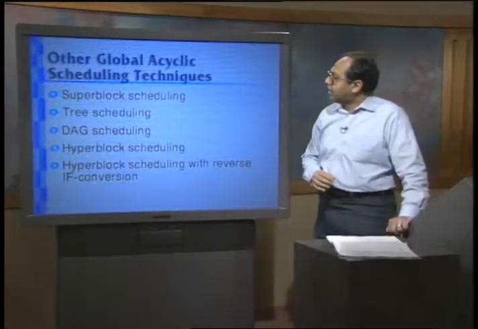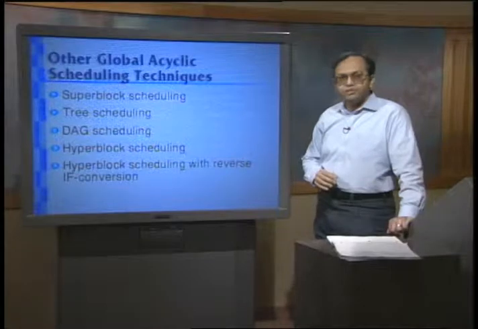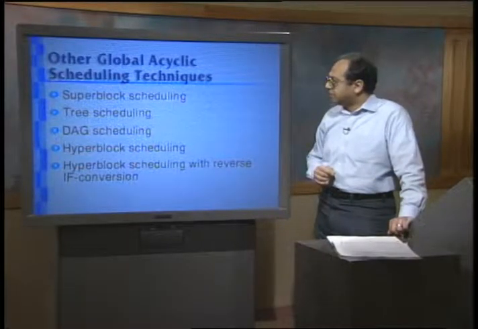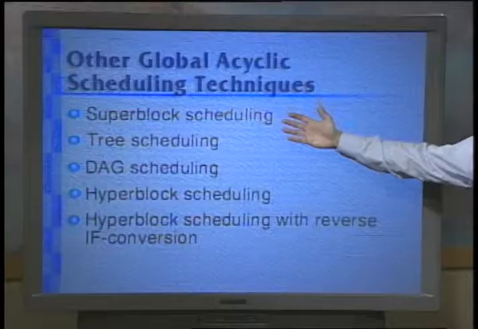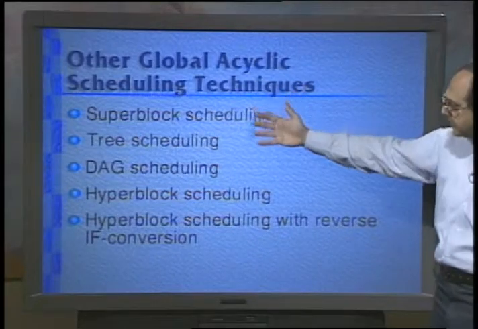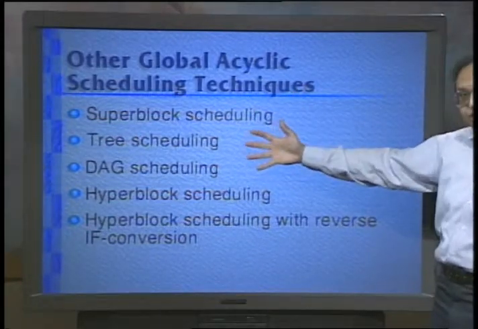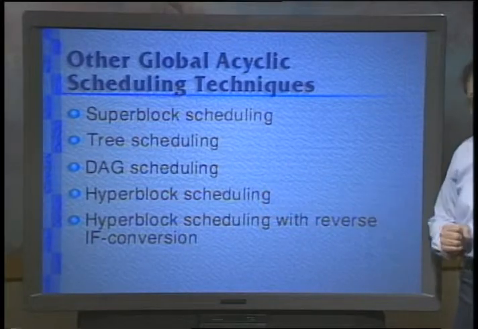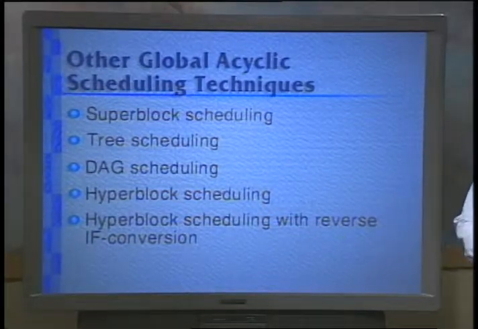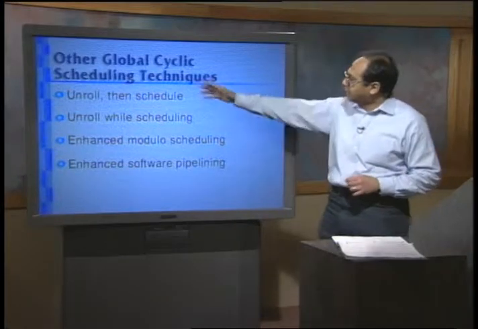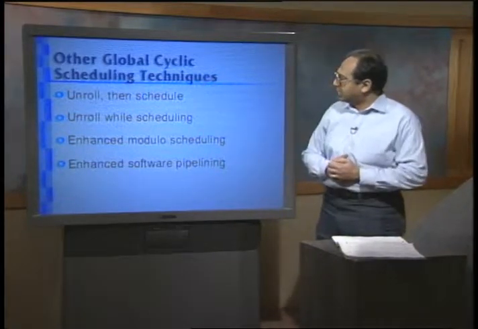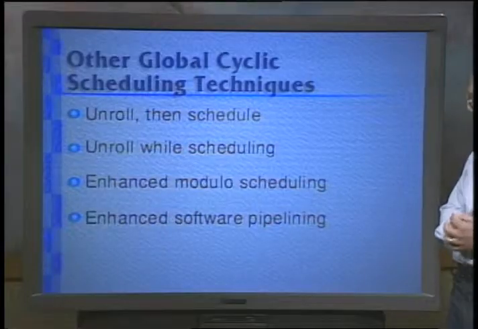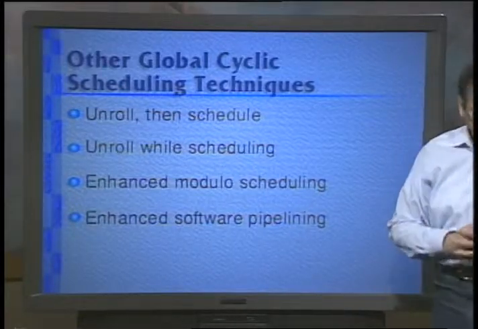There are other scheduling schemes as well, which I won't have the time to go into, which are variants or generalizations of either trace scheduling or the if-converted scheduling that I mentioned. And likewise, there are other schemes for handling loops, which again I'll refer you to the bibliography to understand further.